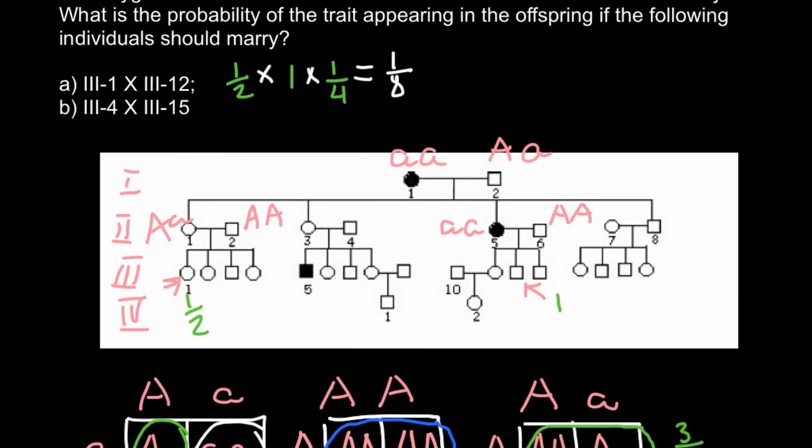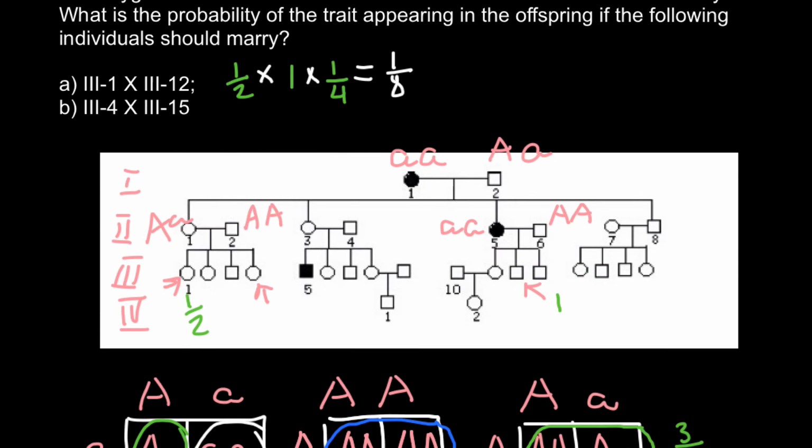What is the probability to have an affected child for couple 3, 4? So this is 1, 2, 3, 4. This time for this person here, and 3, 15. So third generation, this is 10, 11, 12, 13, 14, 15.